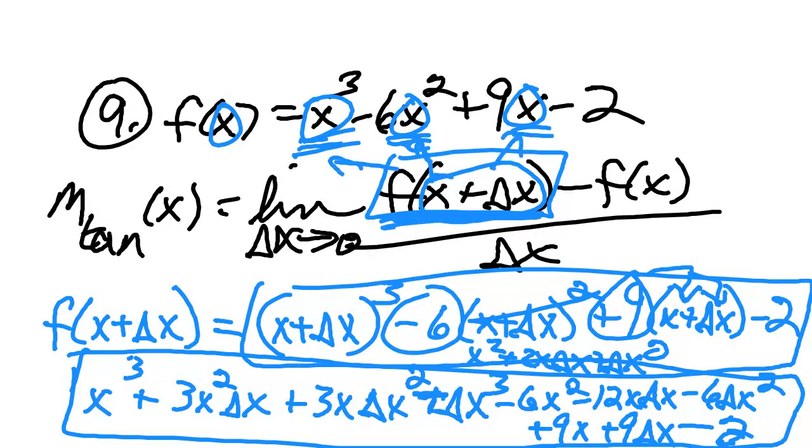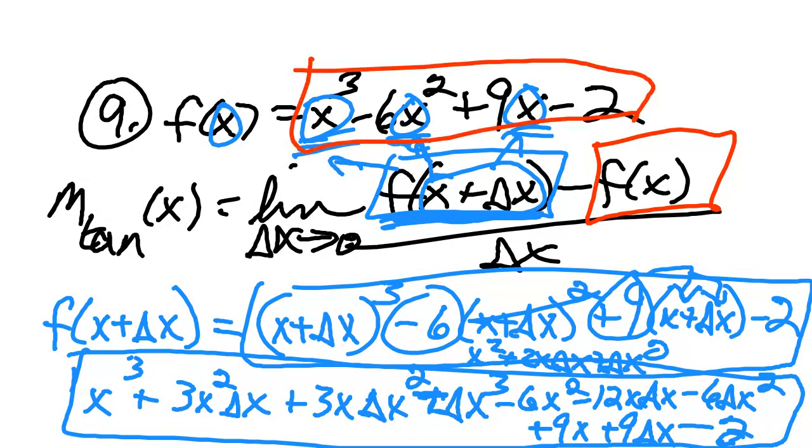And then don't forget, after you simplify what's in the blue box, minus f of x is actually minus all of this. So we will get stuff to cancel out, like the x cubes will cancel. Anyway, I'm subtracting this whole thing, so I'm going to add the opposite of that, and then lots of stuff cancels.